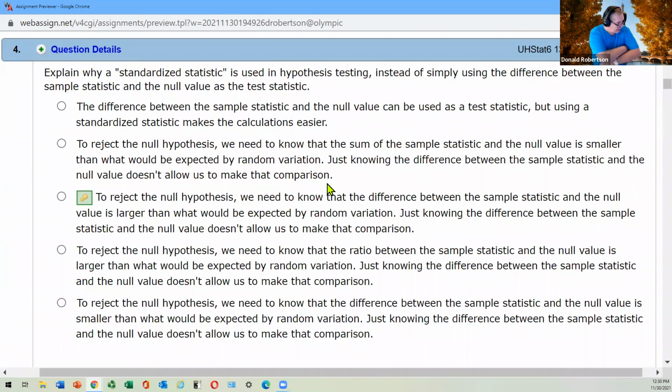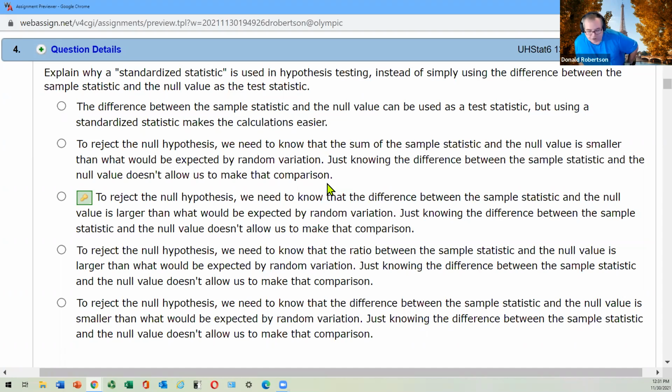Now, explain why a standardized statistic is used in a hypothesis test. What they're talking about here is, why do we use a t-score? Why don't we just say, well, you think it's bigger than 67 and it was 69 because the difference between those two is 2. Why don't we use just the difference between the hypothesis and the mean?